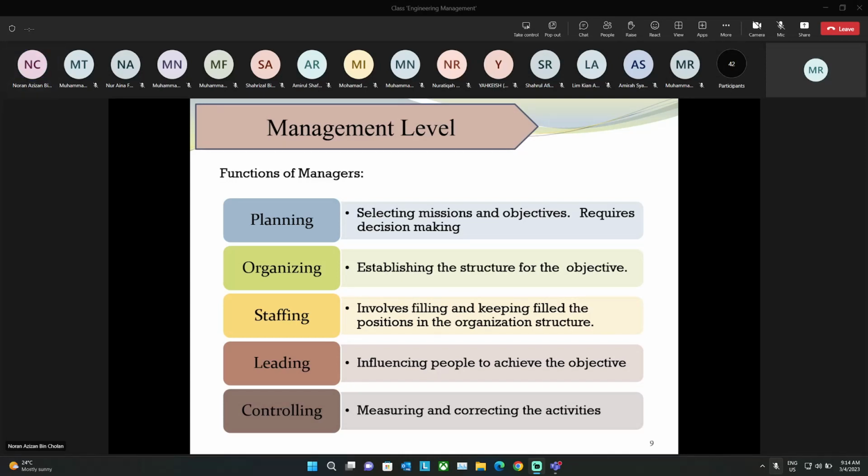That's the planning. And then the chief engineer or engineer will execute. The next part is the organizing.